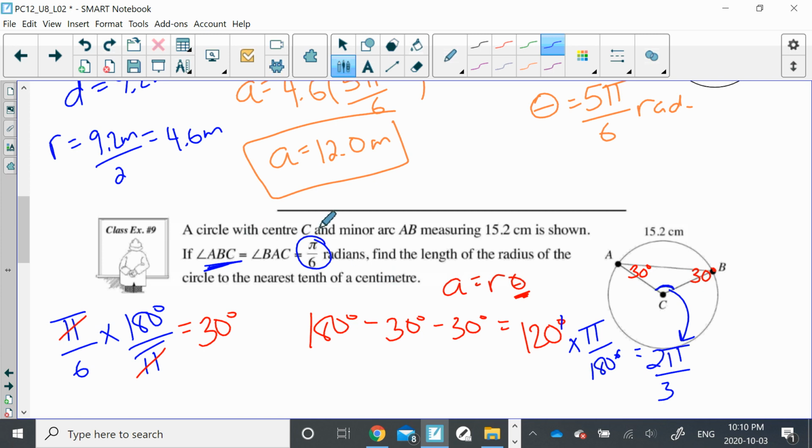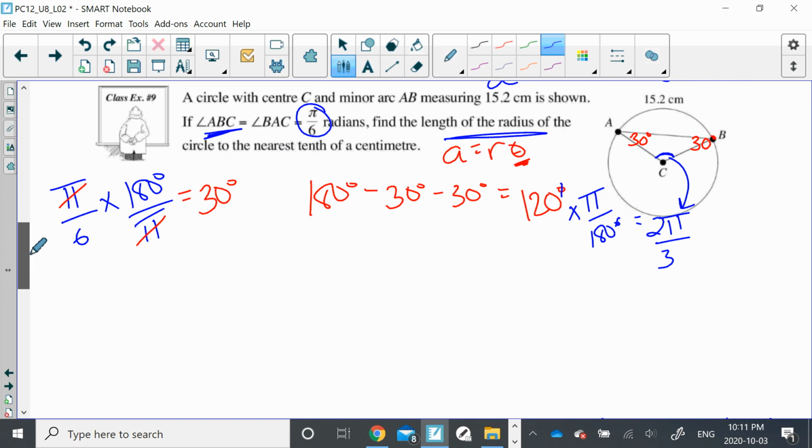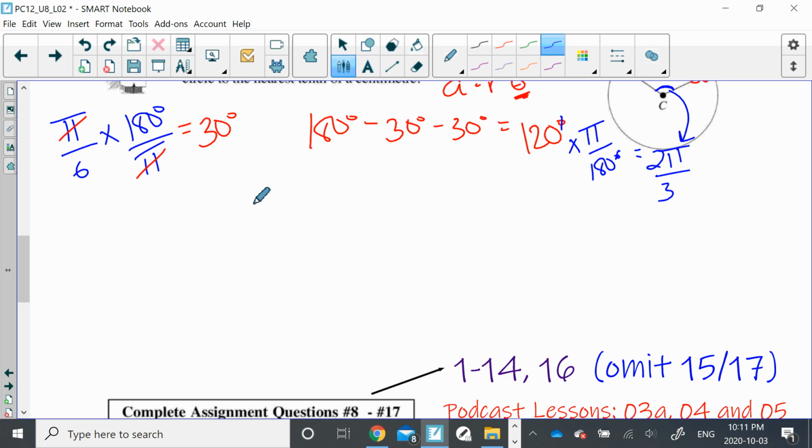Okay, so let's see what we could do now. In this circle, the arc of this circle is 15.2, so that's my arc length. And I know that my theta is 2 pi over 3. What they are asking for is the radius. So let's calculate that.